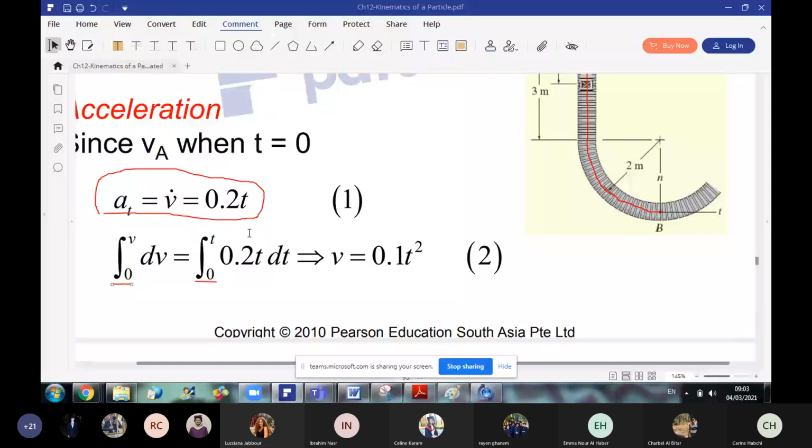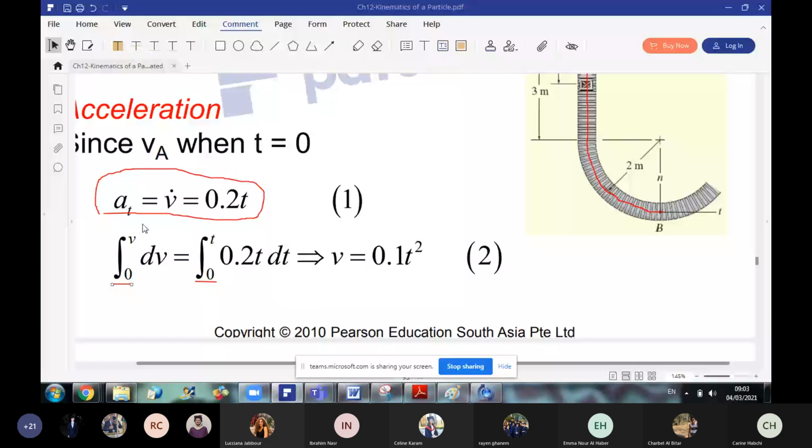I do separation of variables. My two variables are velocity and time. I have dv equals a_t dt. I replace a_t by 0.2t, and I integrate the first side with respect to velocity between 0 and v, and the second side with respect to time between 0 and t.